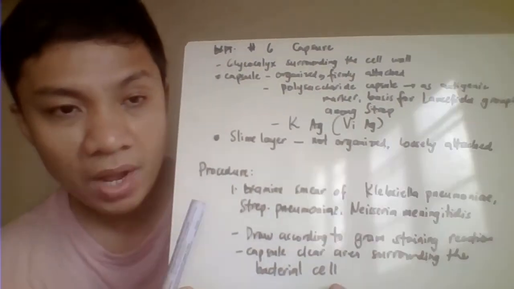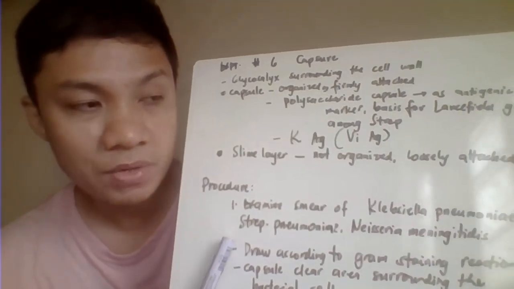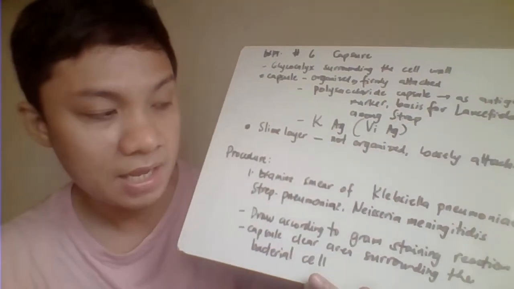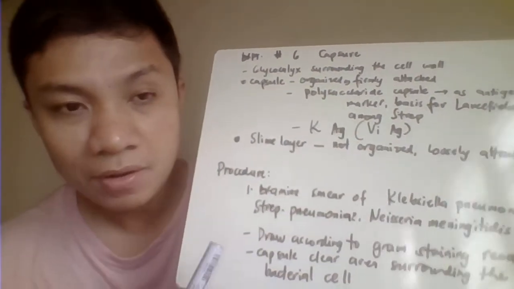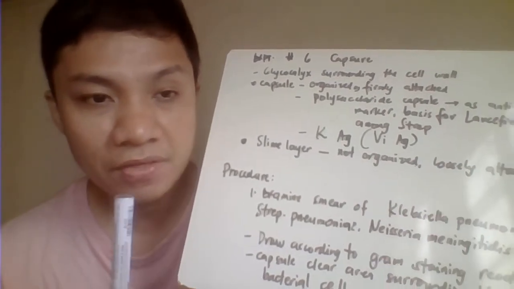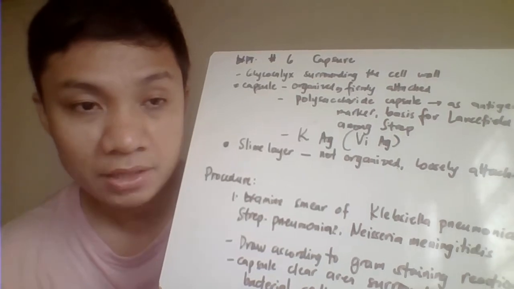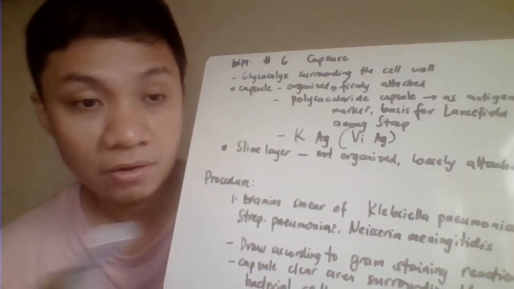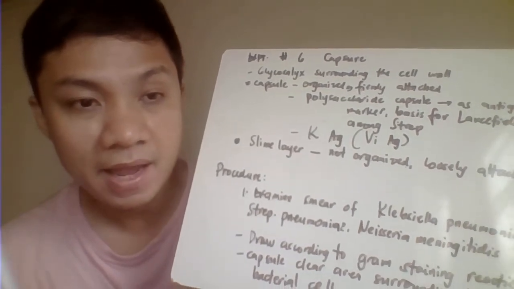For the procedure, just examine the different organisms which have a capsule. We have Klebsiella pneumoniae, Strep pneumoniae, and Neisseria meningitidis. When you draw these, if the organism is gram-positive, the color should be blue. If the organism is gram-negative, the color should be red. The capsule would be identified as a clear area.